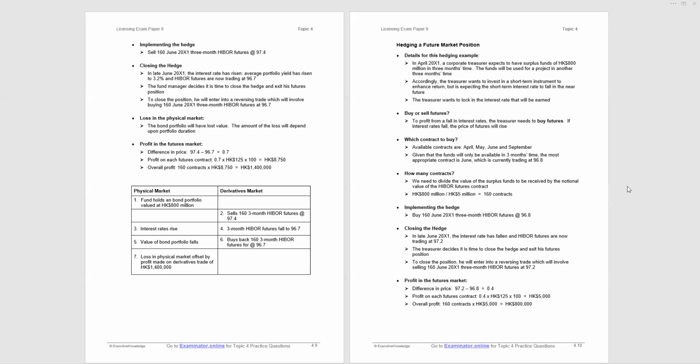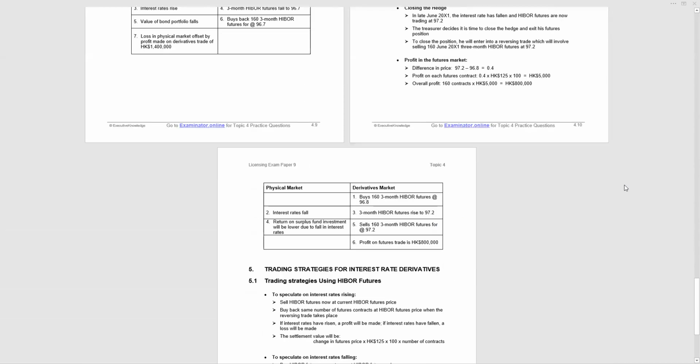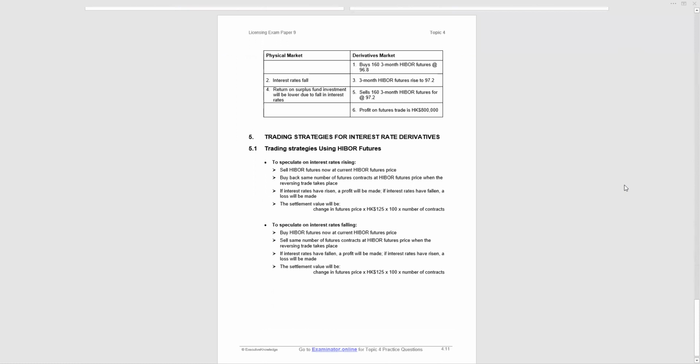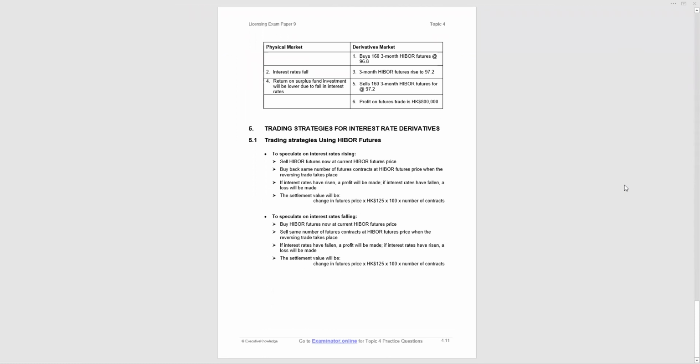And so the overall profit will be 160 contracts multiplied by 5,000, giving a profit of 800,000 Hong Kong dollars. And again, in the table, we just outline the steps in both the physical market and the derivatives market.